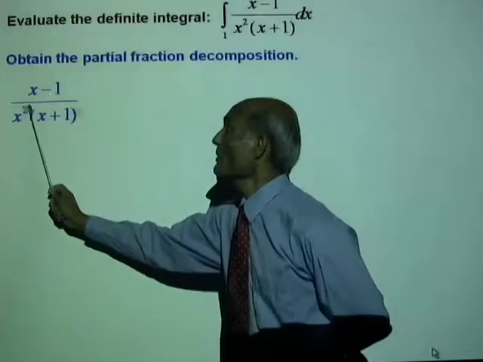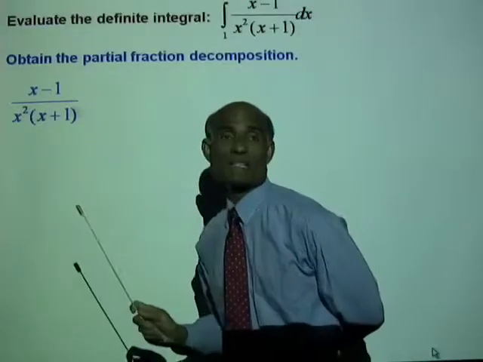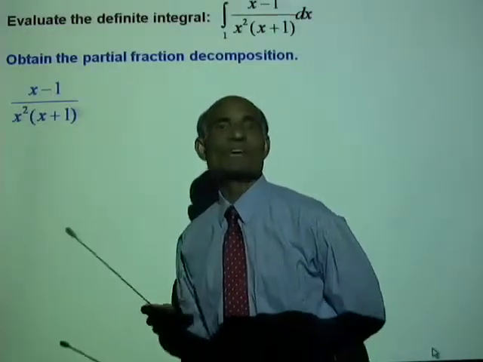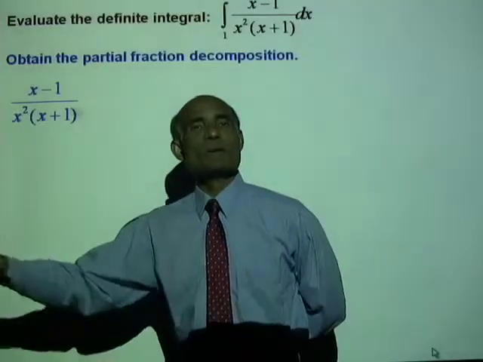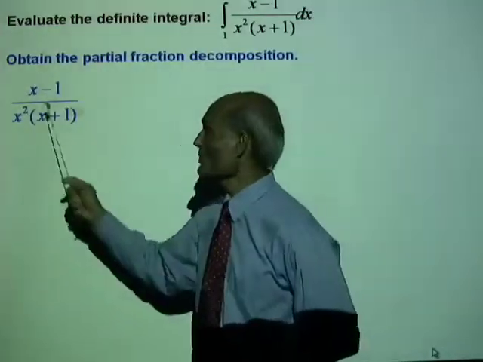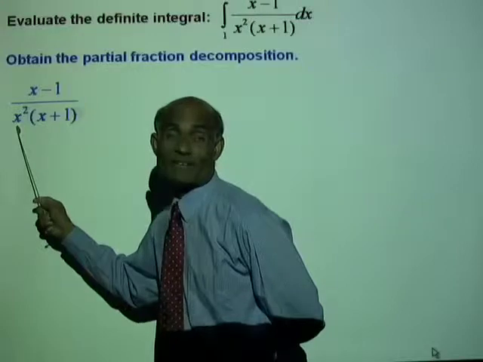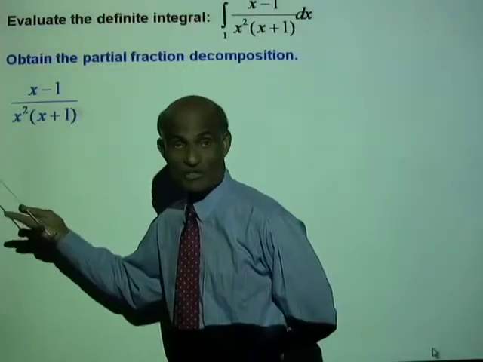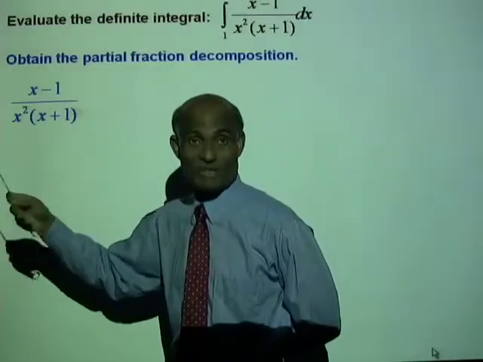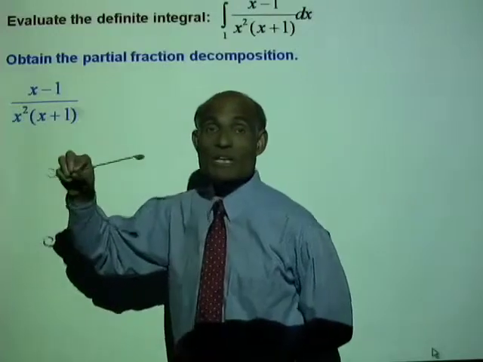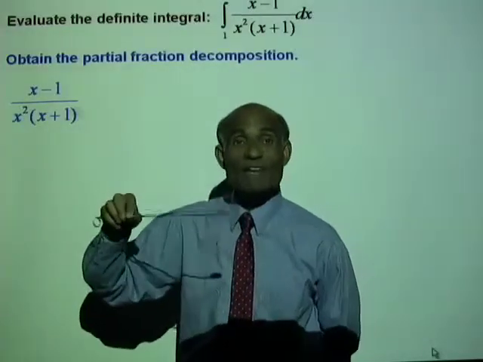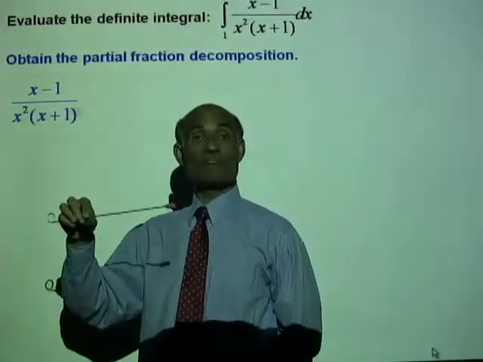Alright, tell me, what about this denominator? What kind of denominator is it, and how do we break it down into partial fractions? x squared is x times x, is that right? That's right. So it is the second power of a linear factor.